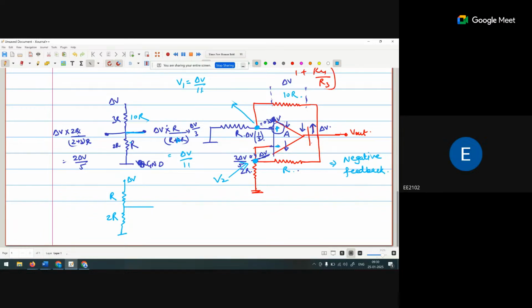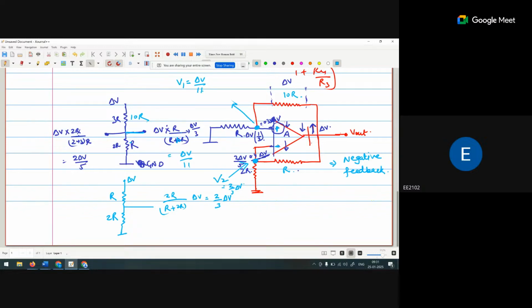What is the voltage drop? 2R upon R plus 2R into del V. That is 2 by 3 of del V. So the V2 voltage is 2 by 3 of del V.